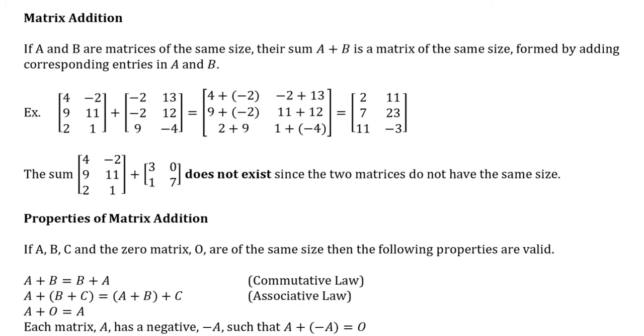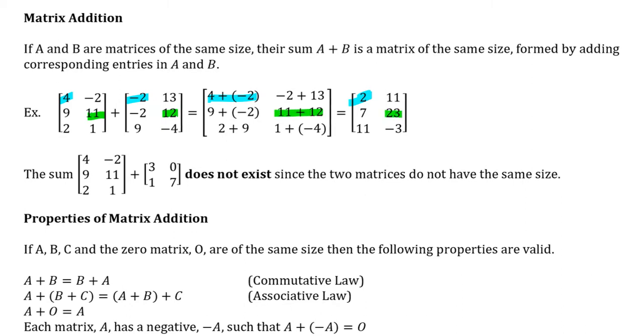Matrix addition. This one's, again, intuitive. If they're the same size, you get their sum by just adding corresponding entries. So take a look, 4 plus -2, which gives you 2. And those came from the first row, first column, and the result goes in the first row and first column. 11 and 12 gives you 11 plus 12, which is 23.